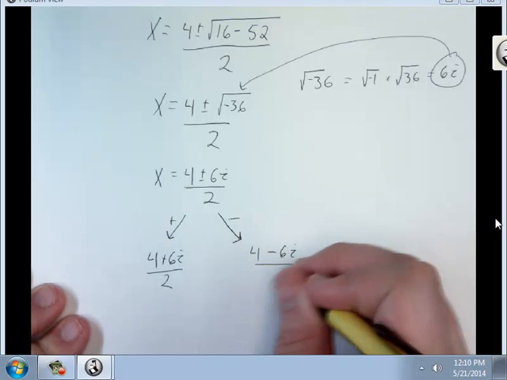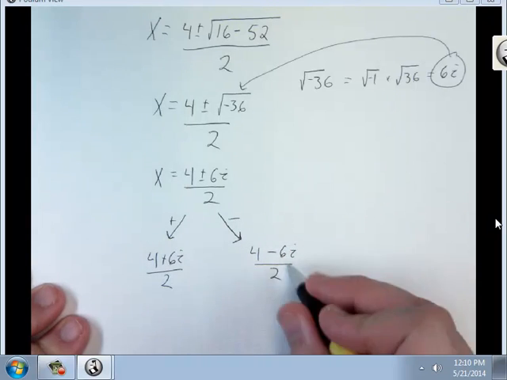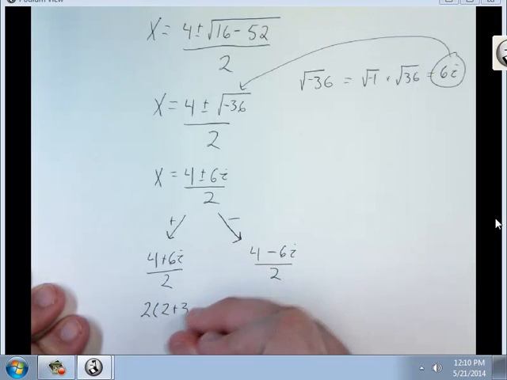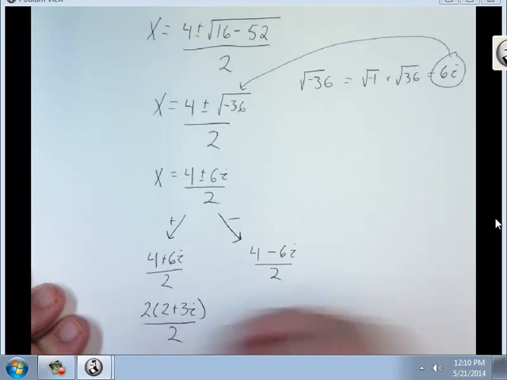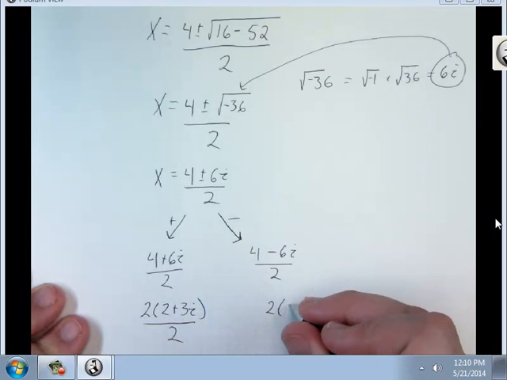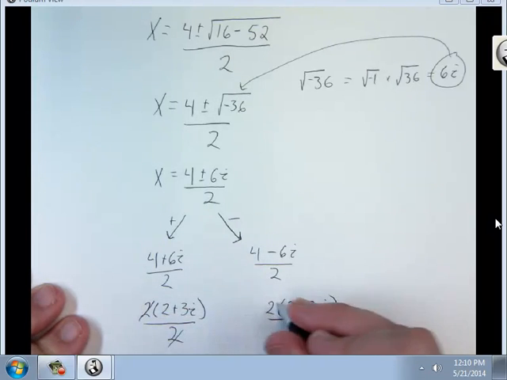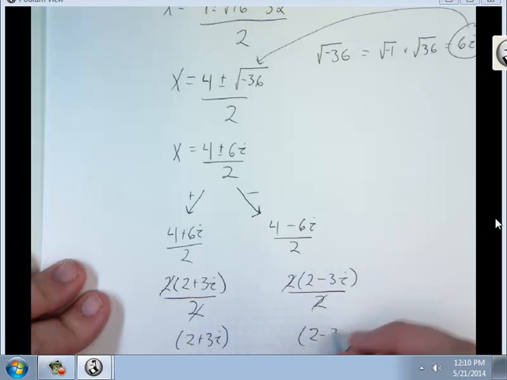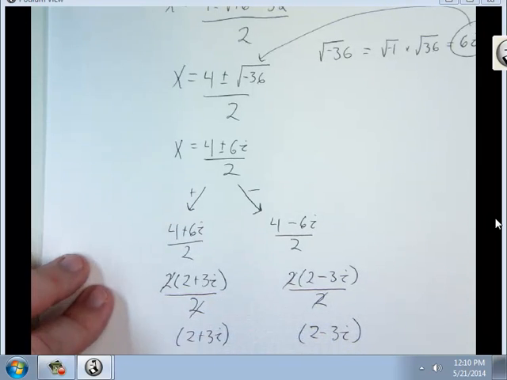And notice that both of these can reduce. So I have 2 plus 3i and 2 minus 3i. And those are my factors.